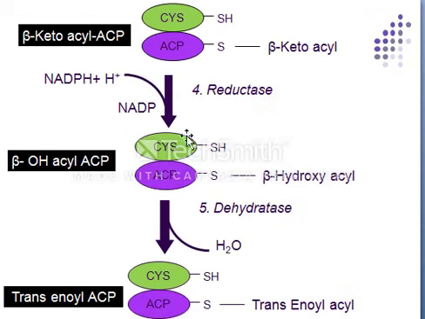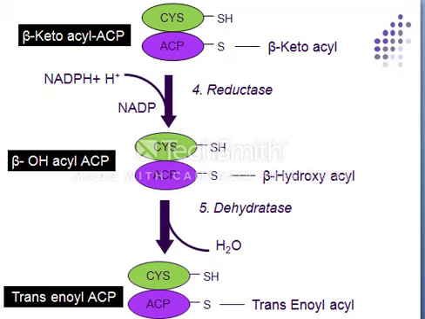Now let's see this beta keto acyl, which is reduced by beta keto acyl reductase, reducing the keto group to a hydroxyl group. The reducing equivalents are supplied by NADPH, and the beta hydroxy acyl ACP undergoes dehydration. A molecule of water is eliminated and a double bond is introduced between the alpha and beta carbons.